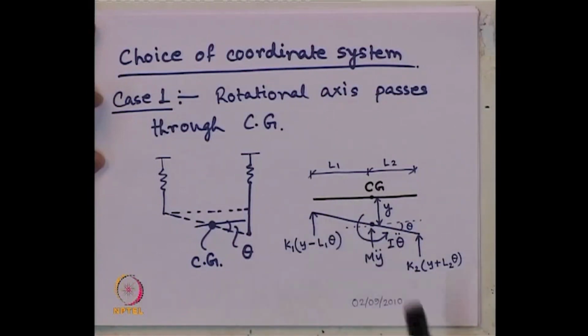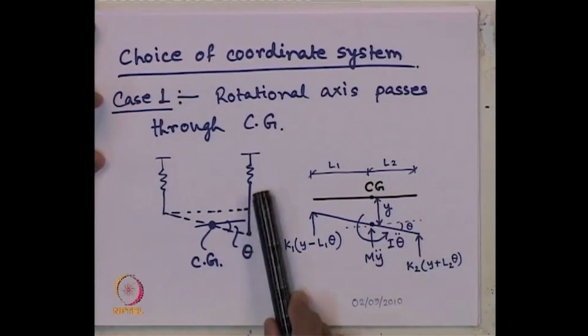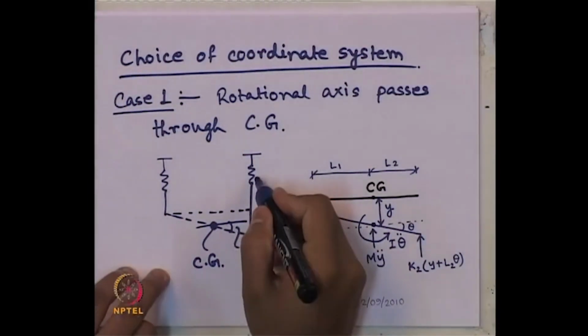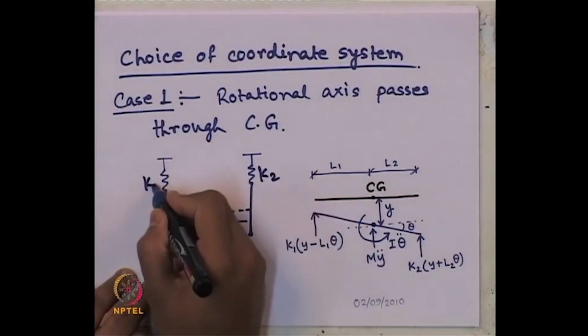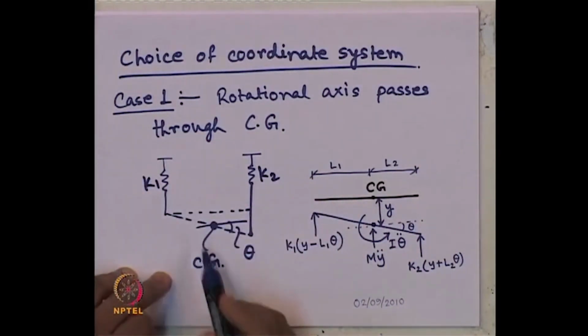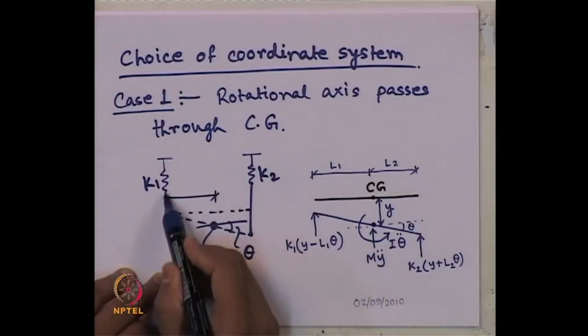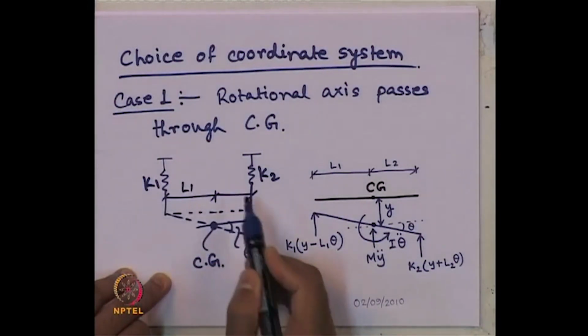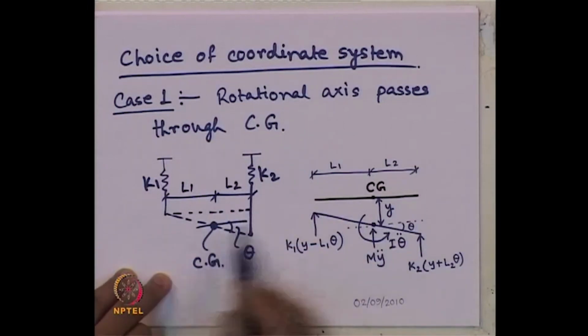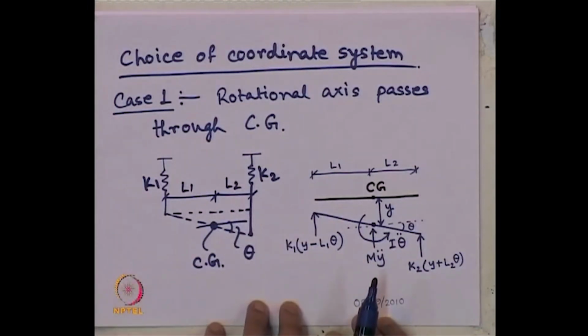I is the moment of inertia of the beam, and because of the 2 springs connected to the 2 ends, what are the spring forces acting? This side spring K2 was connected. So, this was K2 and this was K1, and the distances with respect to the CG, we have seen, this distance we had considered L1 and this distance we had considered L2 from the CG to the ends of the springs.